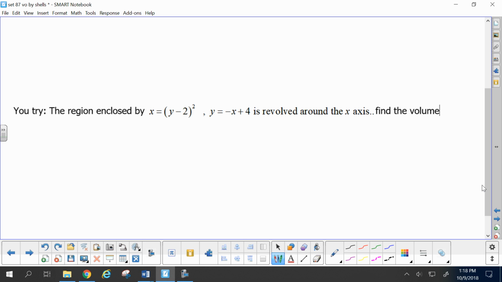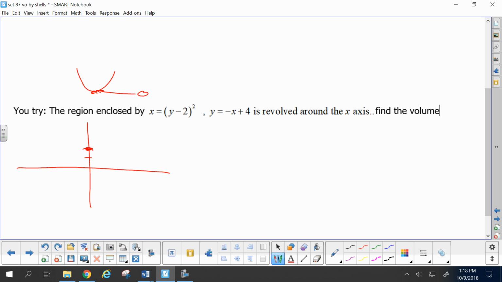This is where I suggest don't memorize anything and just say, do you agree that the least a square can be is 0? Do you agree that that's what makes the bottom of a parabola, where it's 0? What makes this 0? When y is 2. So (0, 2) is the vertex. Okay? Memorize nothing. Think conceptually.